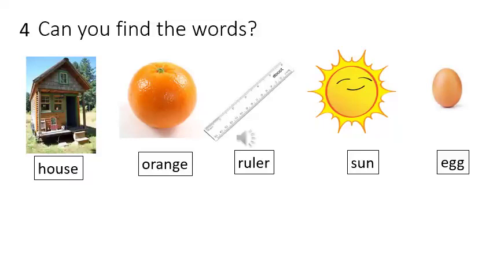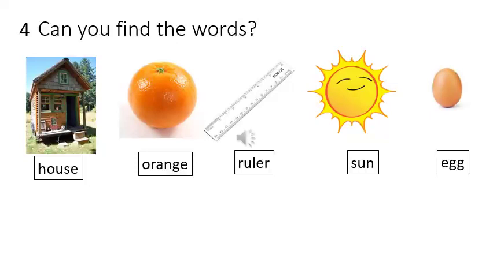Let us solve the next puzzle. Now again, in this puzzle, 5 pictures are given. You have to identify the pictures and write the name under each picture. You have to identify the picture correctly.